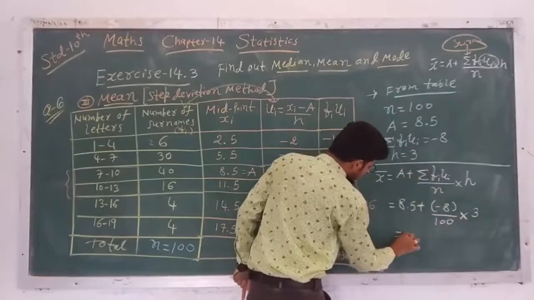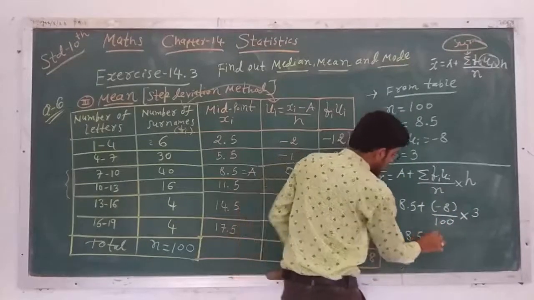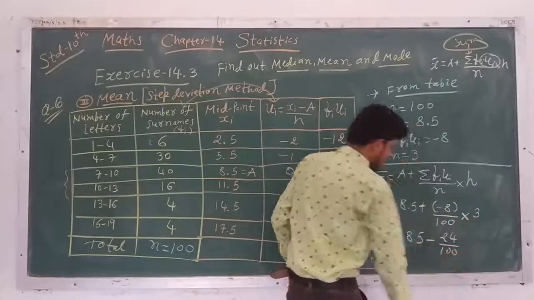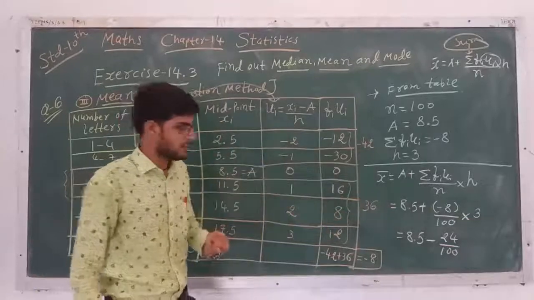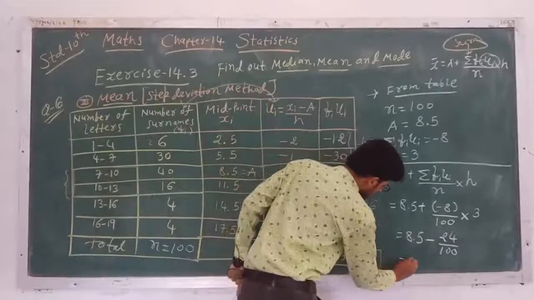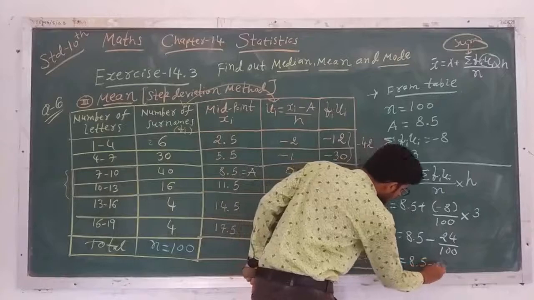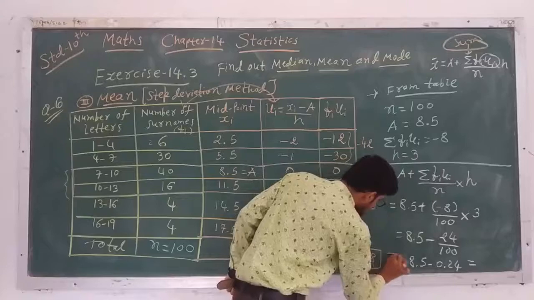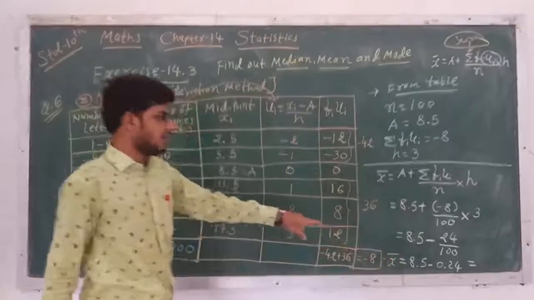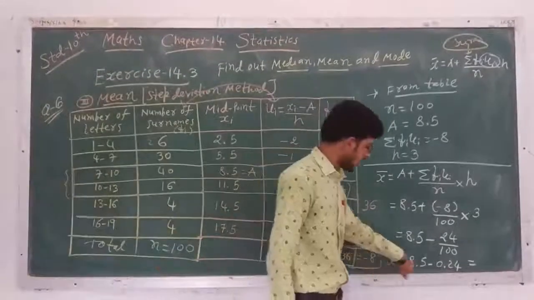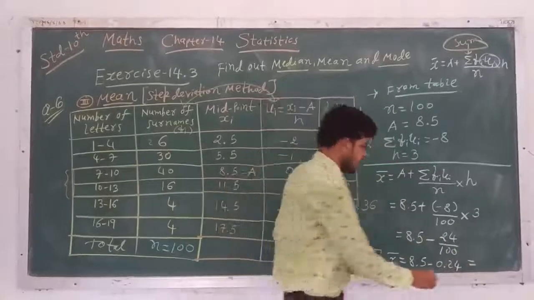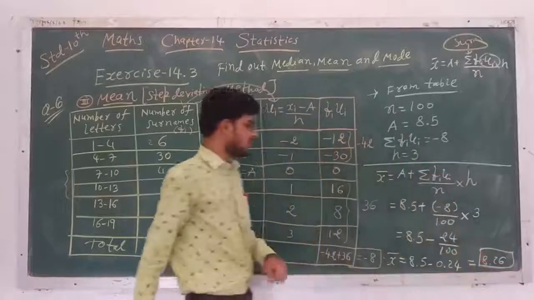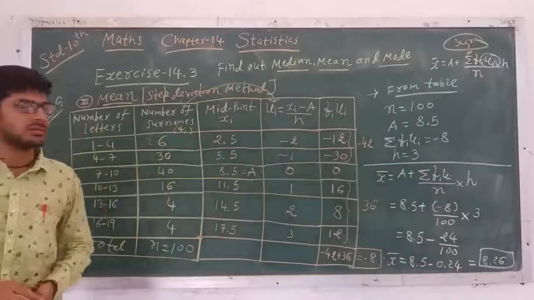So 8.5 minus 24 by 100, which is 0.24. So x bar is 8.5 minus 0.24, so the answer is 8.26. That gives the mean of the given question.